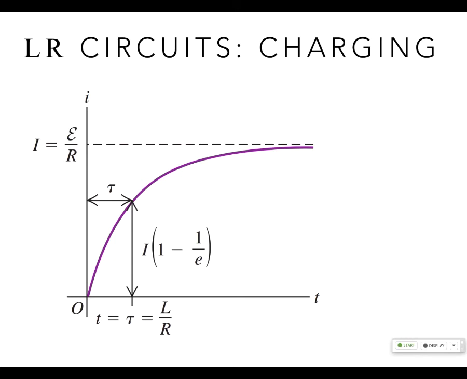When your current's not changing, how does a coil of wire behave? Like a regular wire, okay? The only time you get inductance is if your current is changing with time. So while your current's increasing or decreasing, the inductor does something. Once your current becomes constant, whether it's the maximum current or 0, your inductor acts like a regular wire. Remember, inductors only care about changing current, changing flux.